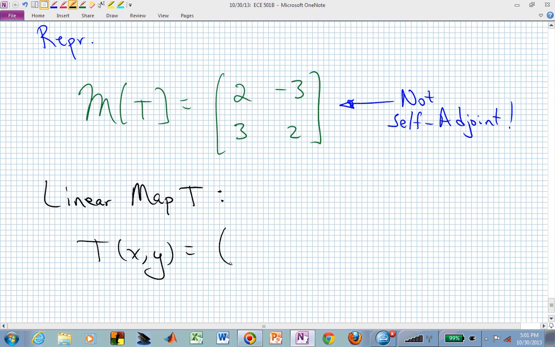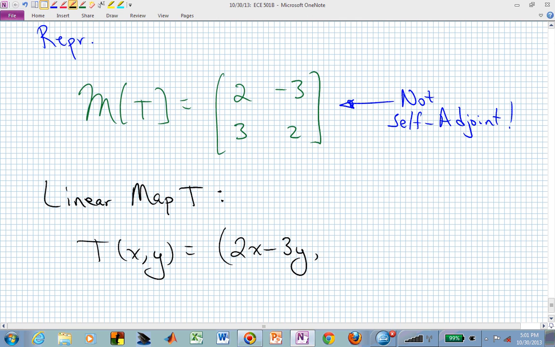What's the description of the first coordinate of the output of this linear map? Does everybody see that? So now I could give you a linear map and say, what's the matrix representation? And you can do that in your sleep now, right?